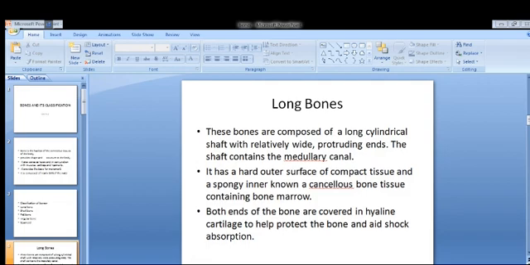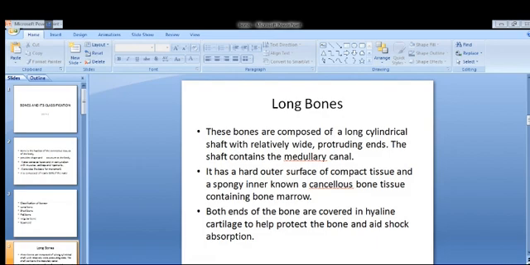Now when we look into the structure of these long bones, we find that it is a cylindrical shape, and the center part is the shaft. The upper and the lower parts are slightly different from the shaft. They are slightly widened, and a particular shape is given at the ends of the bone, which are protruding ends, because these ends have to be fixed with the other bone to form a joint.